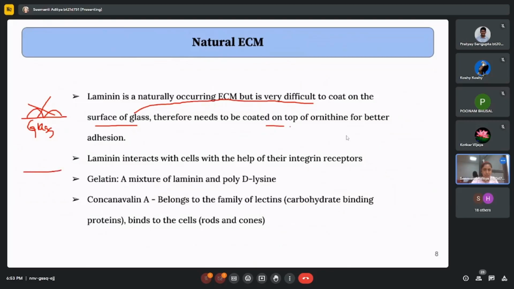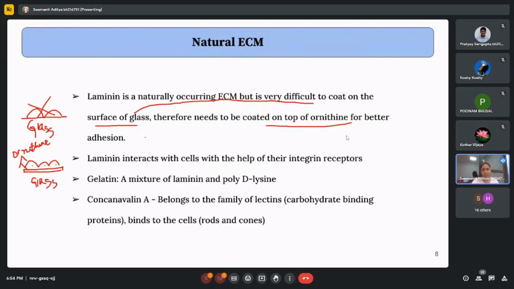Once ornithine binds to the glass, we can coat the laminin. So ornithine helps coat the laminin on the surface.